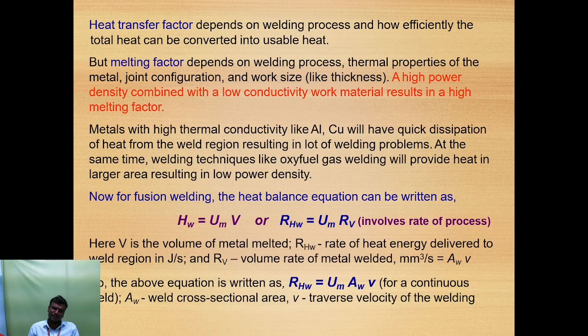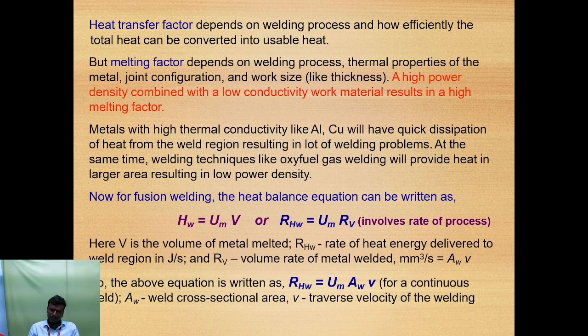The heat transfer factor depends on the welding process and how efficiently the total heat can be converted into useful heat. And the melting factor depends on the welding process, thermal properties of metals, joint configuration, and workpiece thickness. A high power density combined with a low conductivity work material results in a high melting factor.